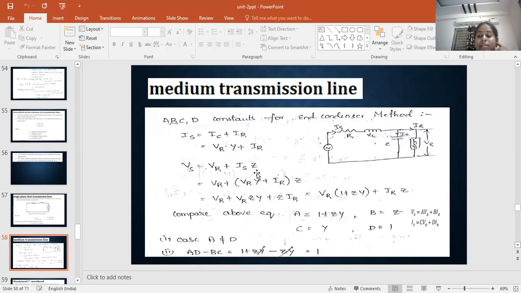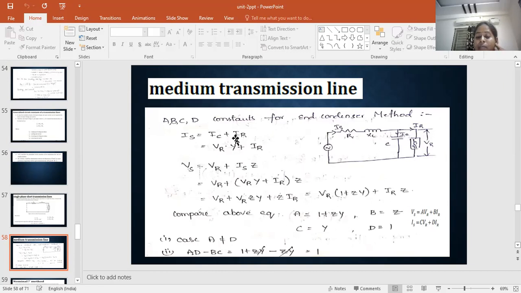We know the Is value, so substituting Is here, we get the expression in terms of VR and IR. Taking the common terms, VR into 1 plus ZY plus IR into Z. So finally we get Vs in terms of VR and IR.